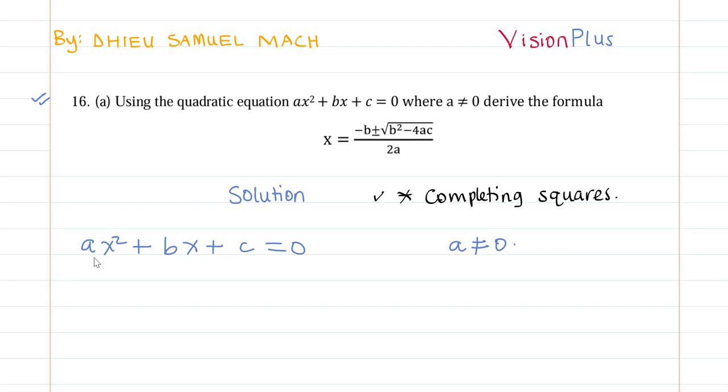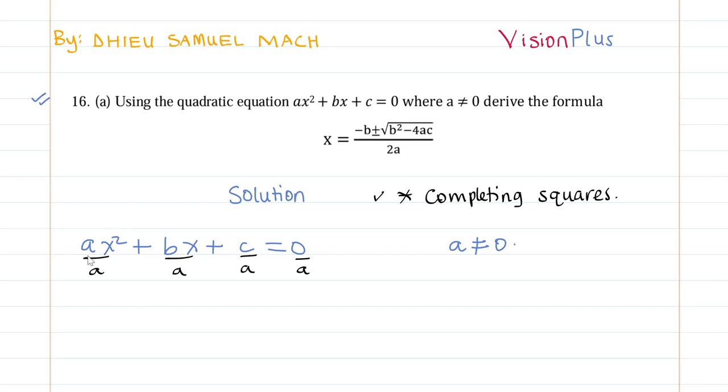We simply divide all the terms by a. We divide this term by a, this term by a, and also this term by a, even 0 divided by a, to make the coefficient of x squared 1.